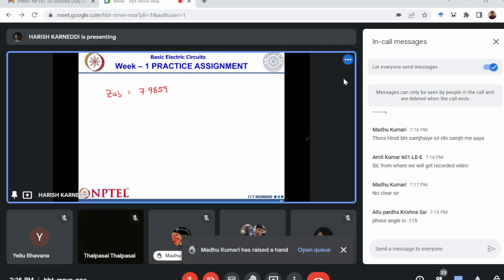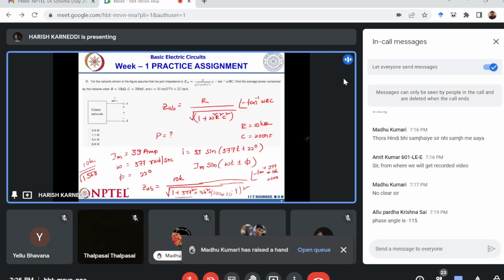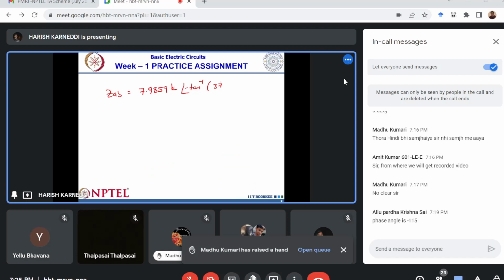7.9859 k at an angle of minus tan inverse omega, that is 377 omega, into R, that is 10k, into C, that is 200 nano.